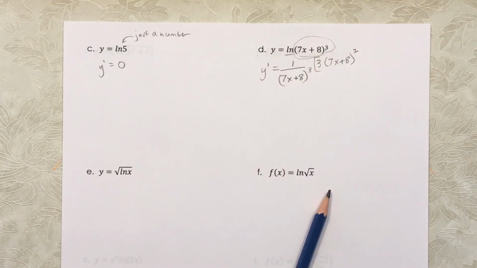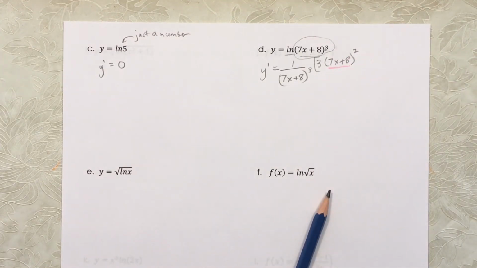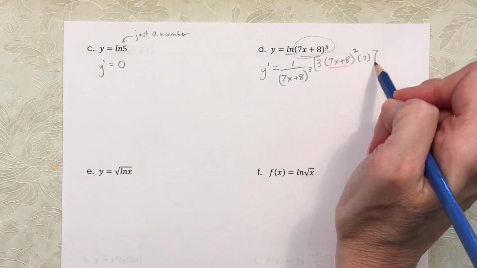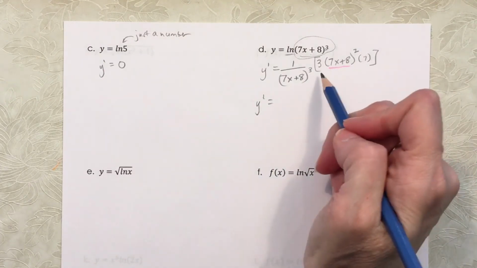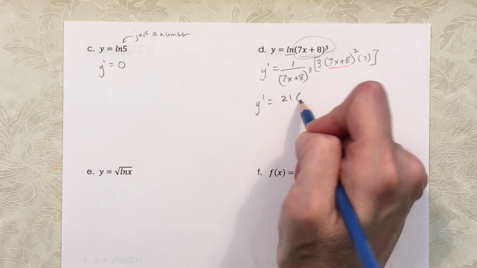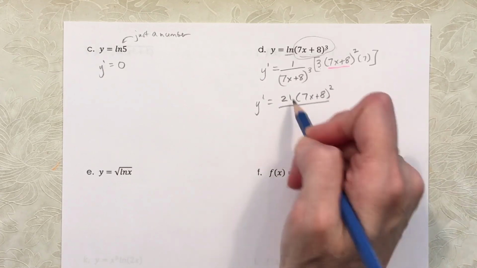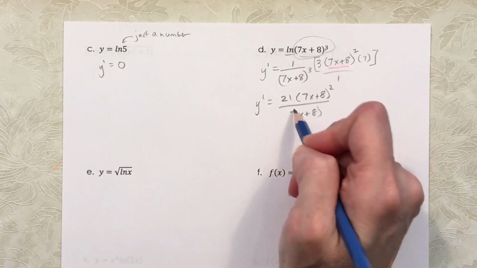But then you have to multiply that by the derivative of what's inside here. So the derivative of 7x plus 8 is 7. And then we want to write that as nicely as possible. So I can multiply the 3 and the 7 and get 21 times (7x plus 8) squared, and then that's over (7x plus 8) cubed.